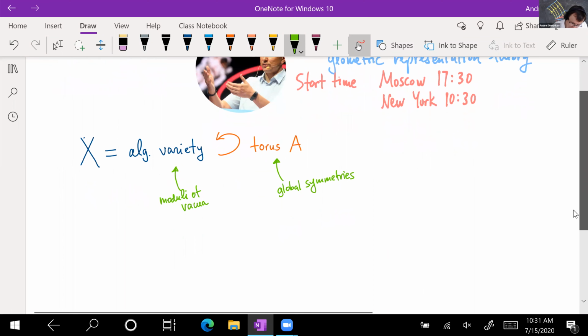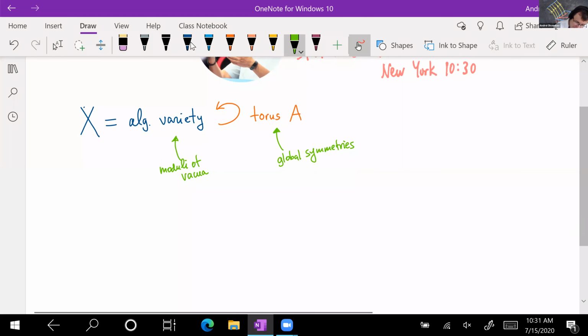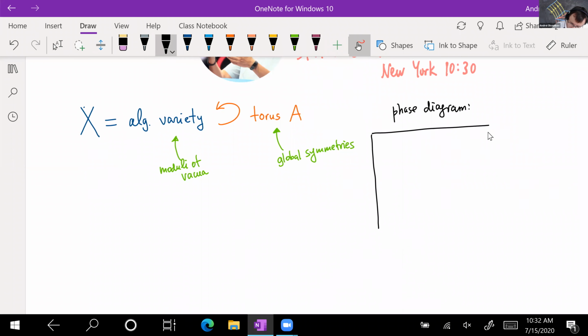With this picture, we associate a certain phase diagram. Maybe I'll draw it here. That phase diagram was taking place in the Lie algebra of A. Those were the variables, the masses in this perturbation.